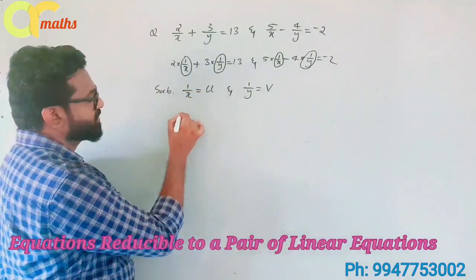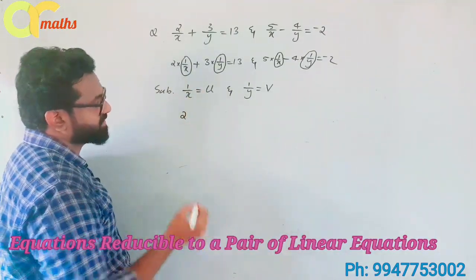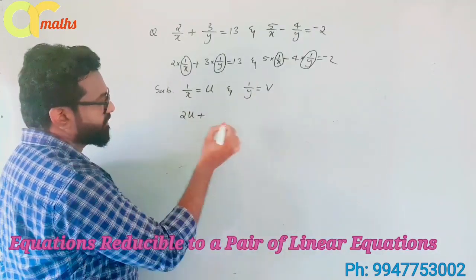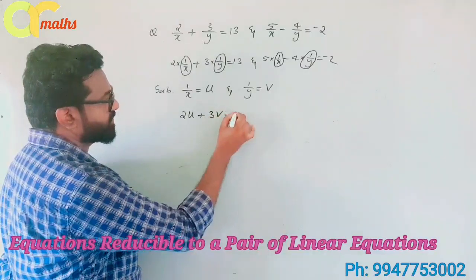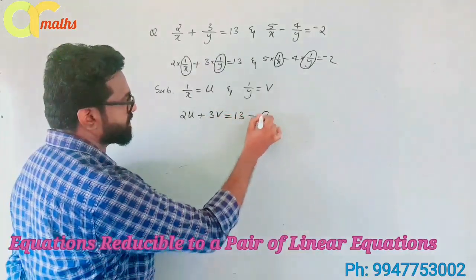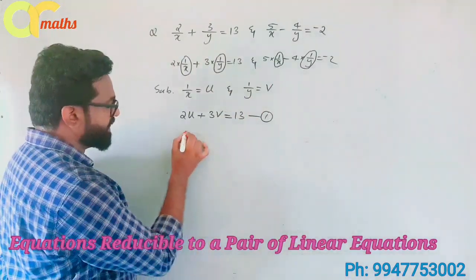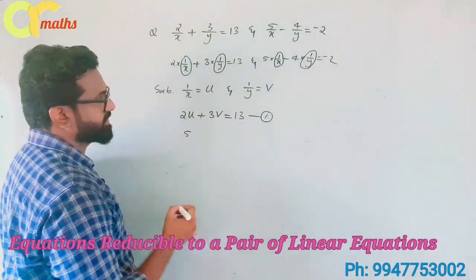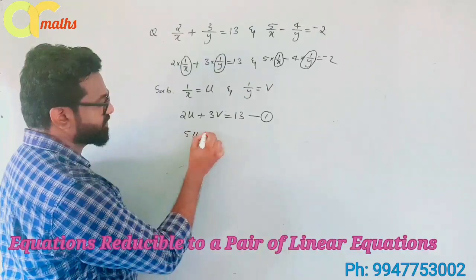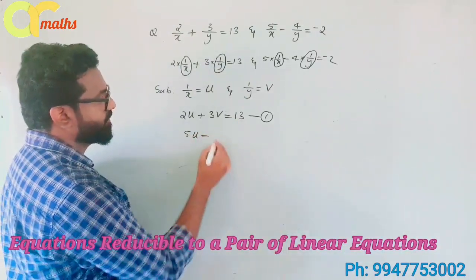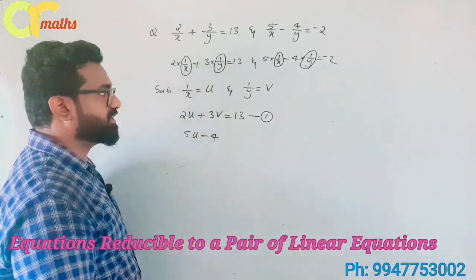Okay. So here 2 into what is 1 by x? U, plus 3 into v equal to 13. You got the first equation. Next here 5 into 1 by x, that is u, minus 4 into 1 by y.